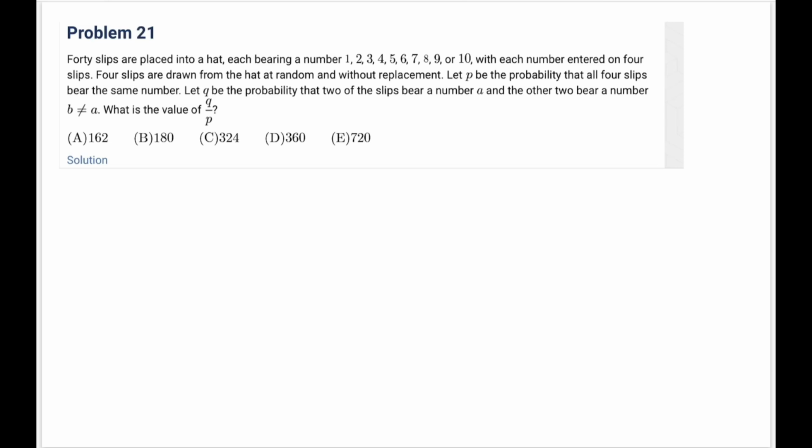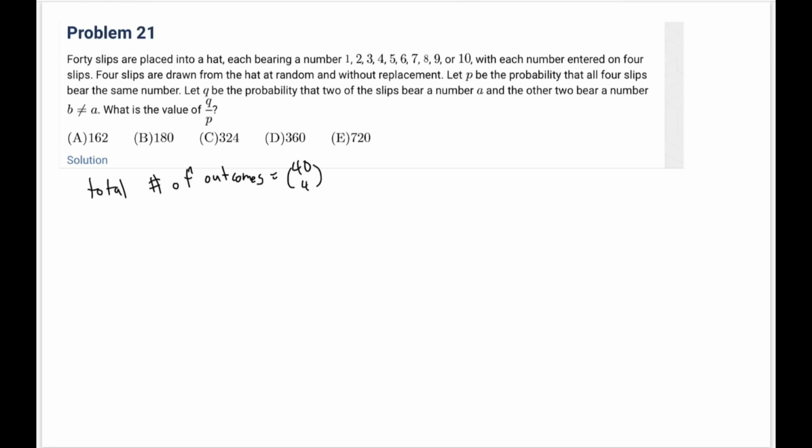Okay, so each number is entered on 4 slips, and then 4 are drawn from the hat at random and without replacement. So let P be the probability that all 4 slips bear the same number. Okay, so the total number of possible outcomes, this is 40 choose 4, right?